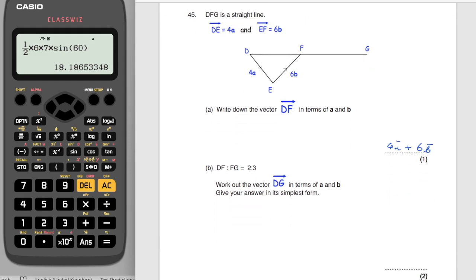So in effect, if I just look at this, if we're told D to F, F to G is in the ratio of 2 to 3, then in effect that means that 3 lots of DF are going to be equal to 2 lots of FG.